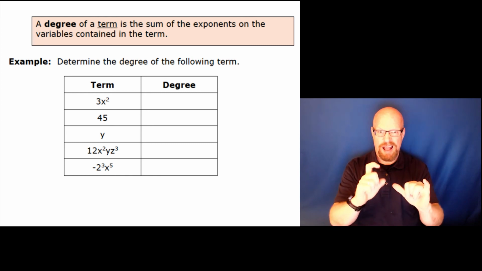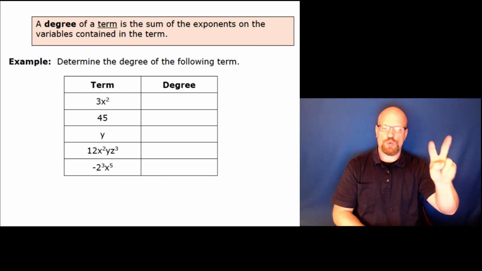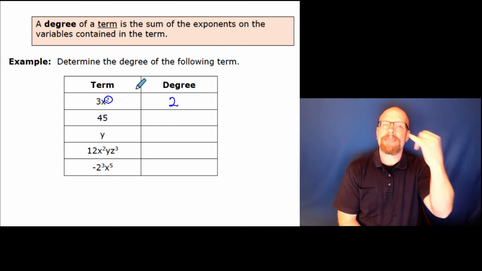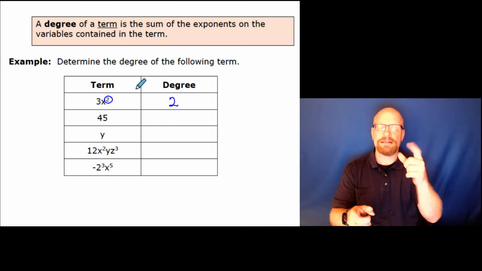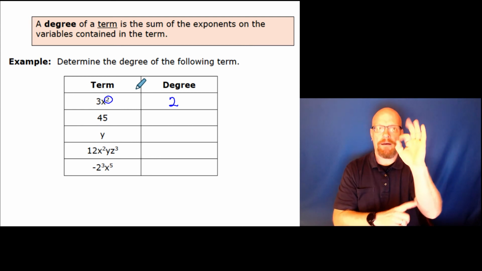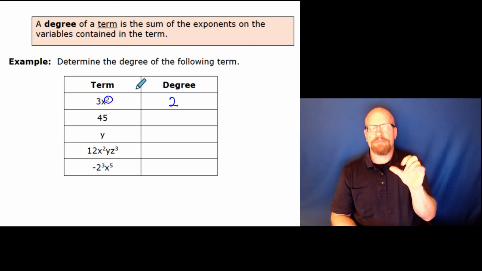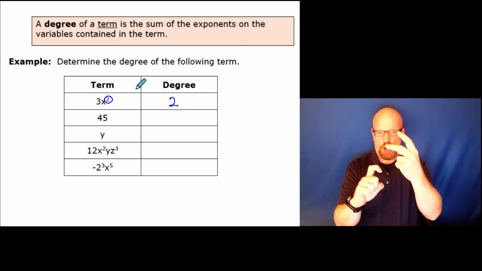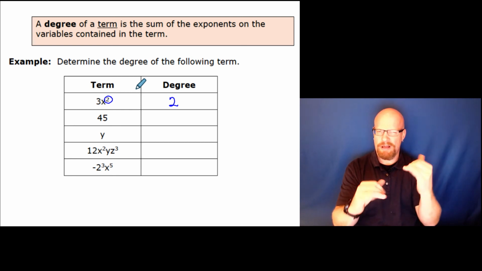If we have one variable, like x squared, it's second degree. The degree is 2. Okay? Now, the definition says the sum of exponents on the variables. The sum. We only have one variable, so nothing to add up.